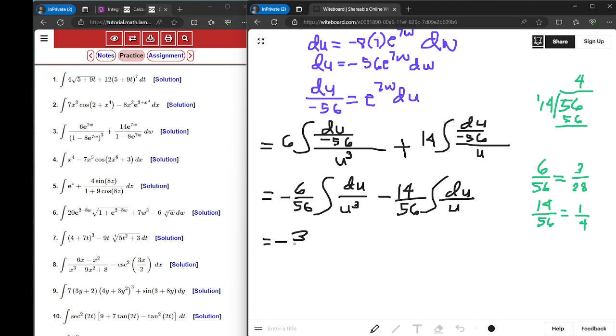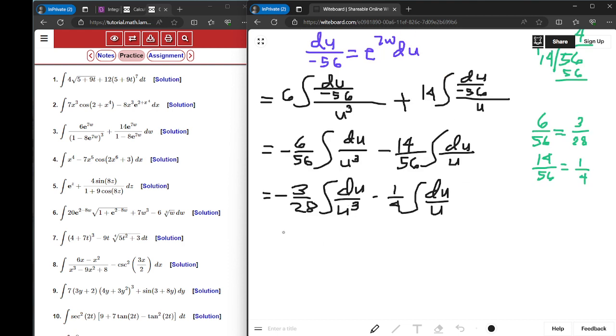This is negative 3 over 28 times integral of du over u cubed minus 1 over 4 times the integral of du over u. So the integral of du over u cubed can be rewritten as integral of u to the negative 3 du, minus 1 over 4 times the integral of du over u.